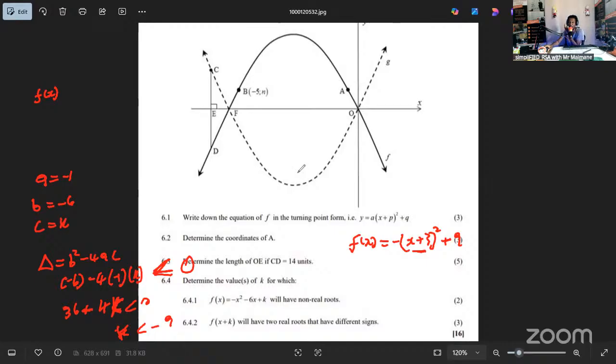I think I'm going to try to find a way. Let's try 6.4.2, if we have time, and then we're going to come back to this one. The next one, same scenario. f of x plus k now will have 2 real roots that have different signs.